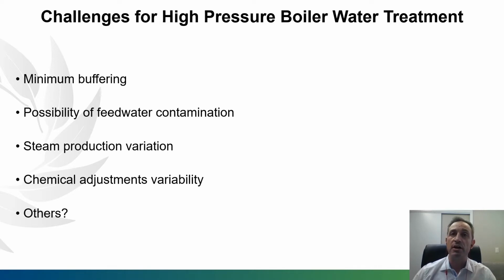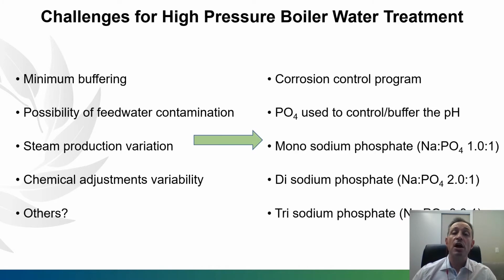Of course, regarding that, you have to treat the contamination itself. So some of the challenges for an internal phosphate corrosion program for the internal boiler water is that you need to keep a minimum buffering environment in the boiler to avoid upsets, chemical upsets in the system.